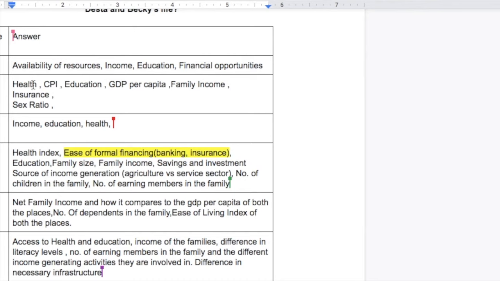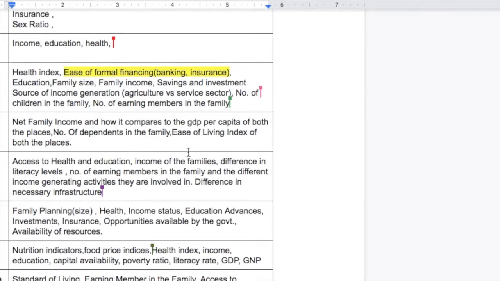A lot of you gave repeated answers, which is very likely to happen, because some of these factors such as health, education, availability of resources will definitely impact growth and can explain the differences in the lives that these children are living. One point that I've highlighted here is ease of formal financing, banking and insurance. Definitely this is an important factor.